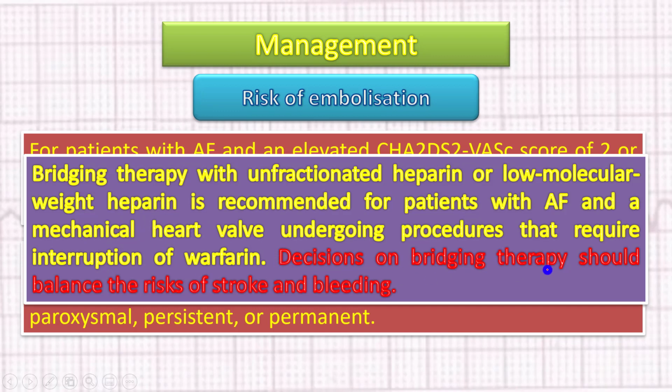The decision on bridging therapy should balance the risk of stroke and bleeding, so you have to make this decision with your senior consultant or the surgeon, and then decide whether to bridge with unfractionated heparin or low molecular weight heparin. But if the patient has a mechanical heart valve, you don't have an option; you have to anticoagulate this patient.